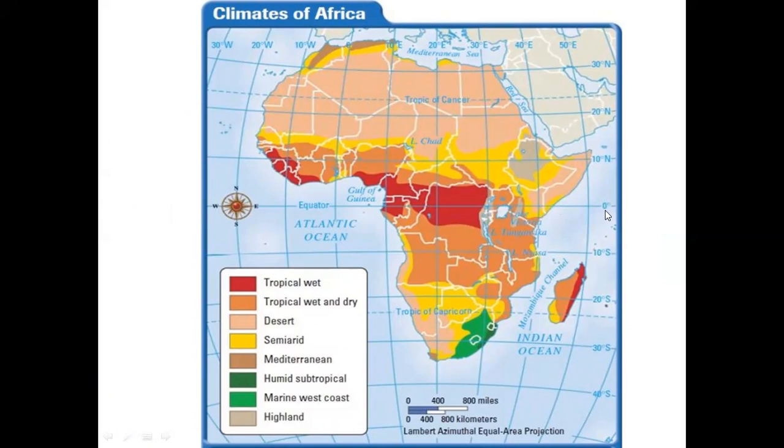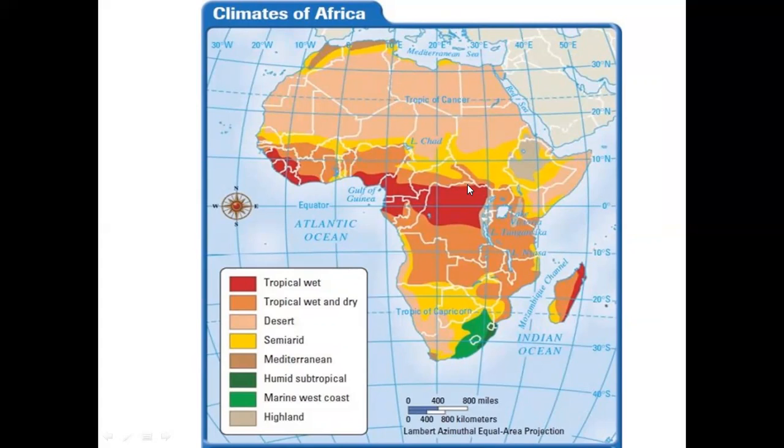Here, this 0-degree latitude is the equator, which divides the African continent into two equal halves. This means that the tropical zone is going to be here in the north of the equator and the south of the equator, and temperate zones are in the northern tips of North Africa and southern tips of South Africa.